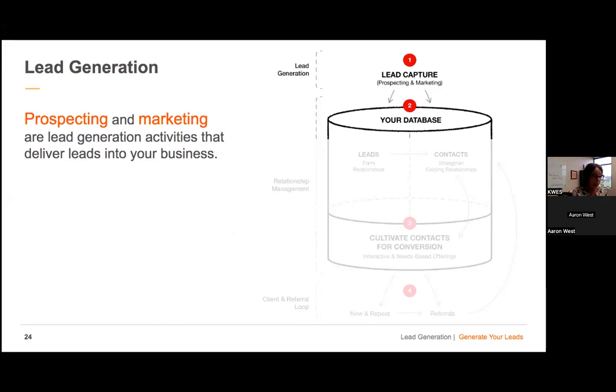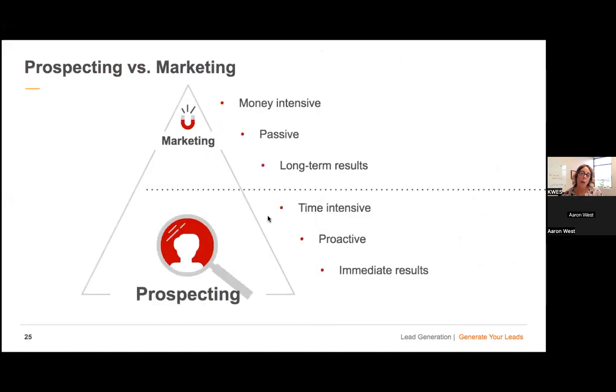In prospecting versus marketing, prospecting takes more time and less money. Marketing is going to take more money and less time. Typically with prospecting, you're going to be proactive.